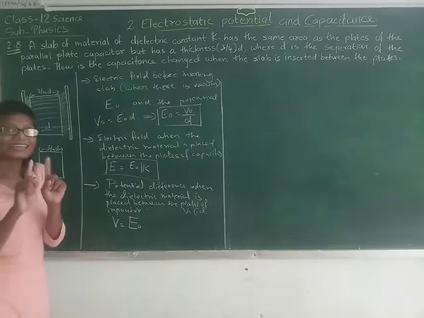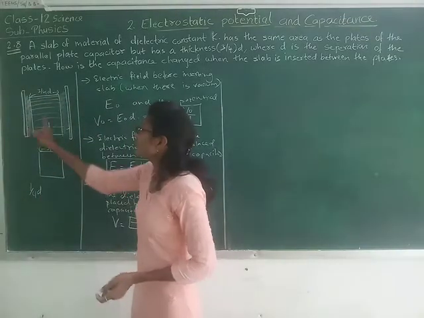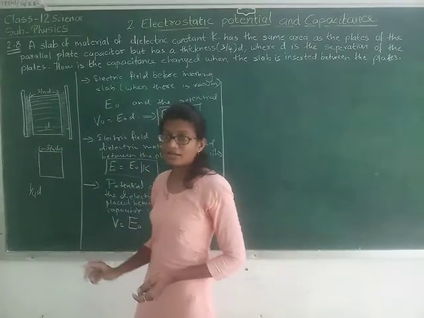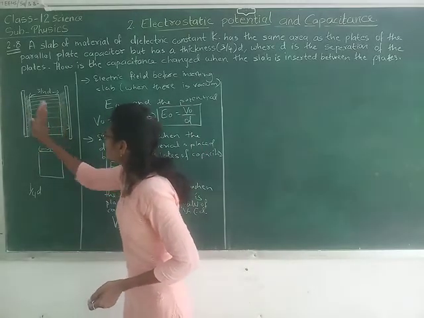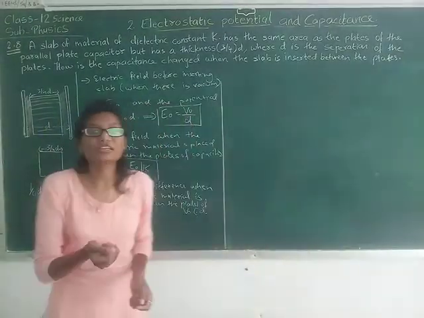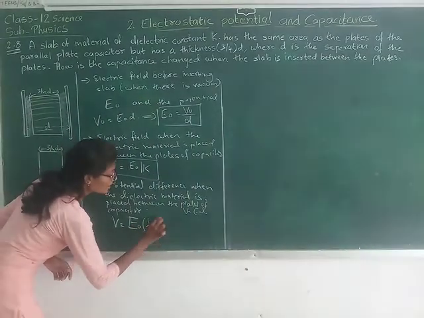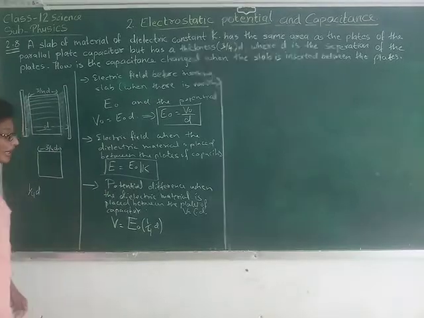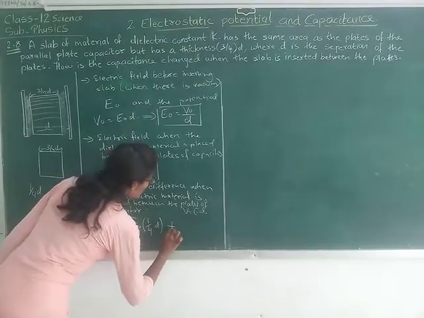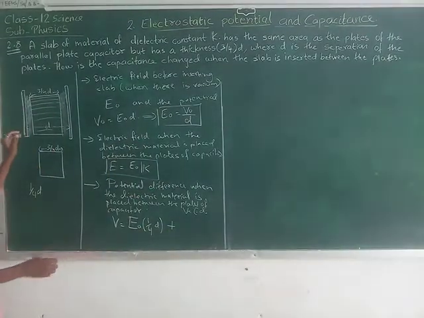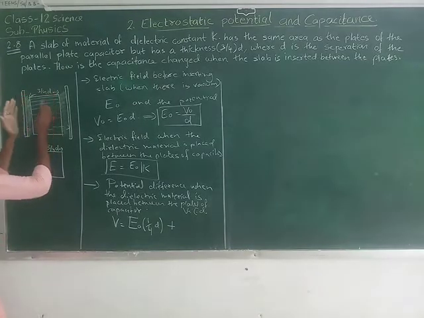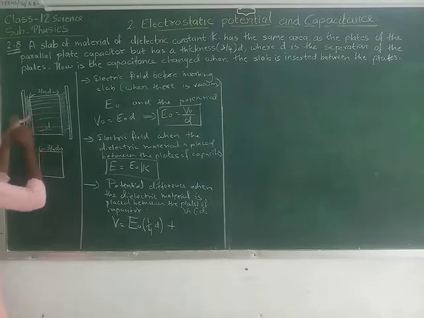That is the distance between the plates of the capacitor, right? And the distance that is covered by this vacuum part, where we are not having this material, that is 1 by 4 D, right? And plus here the electric field into the thickness of this slab.